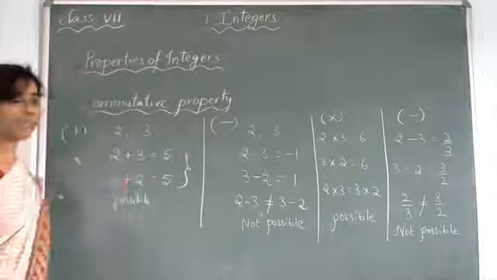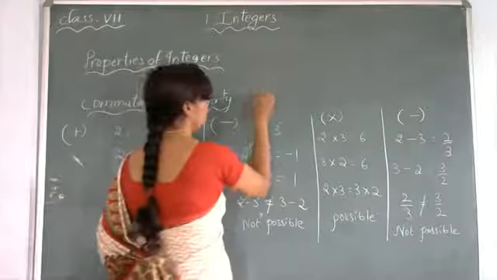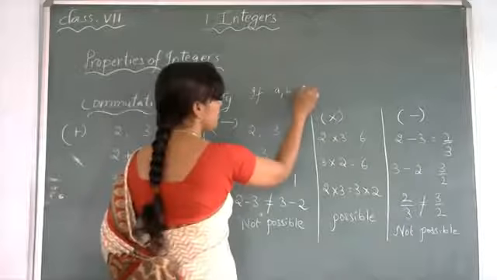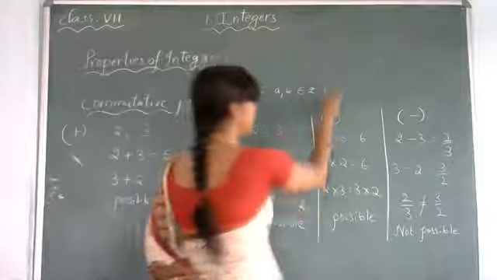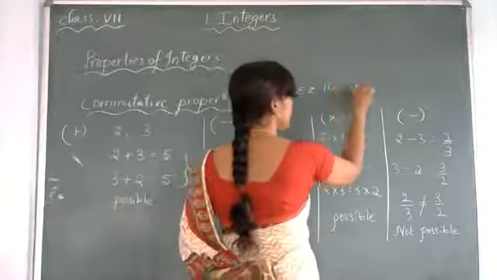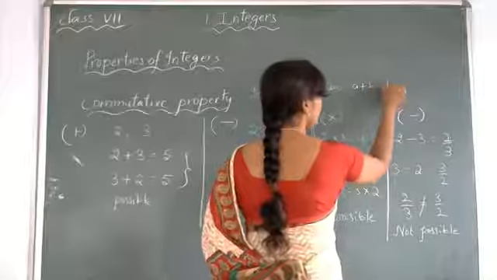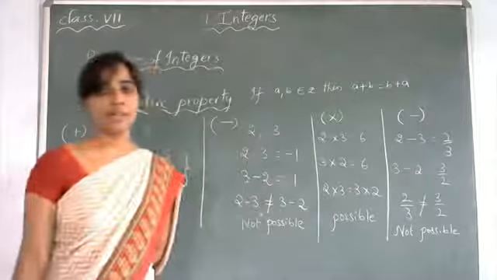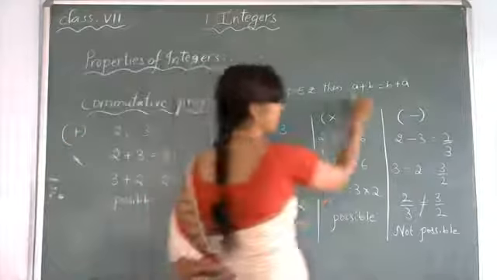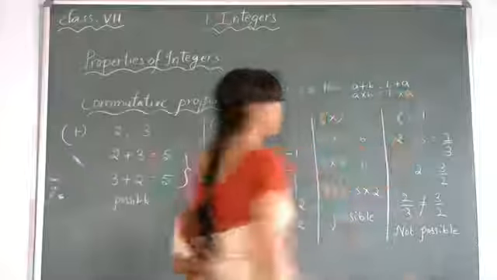Let me write the general form of the commutative property. If a, b belong to Z, that is, if a and b are integers, then a plus b is equal to b plus a. Or under multiplication, a into b is equal to b into a.